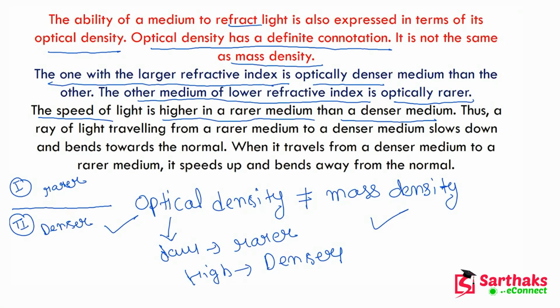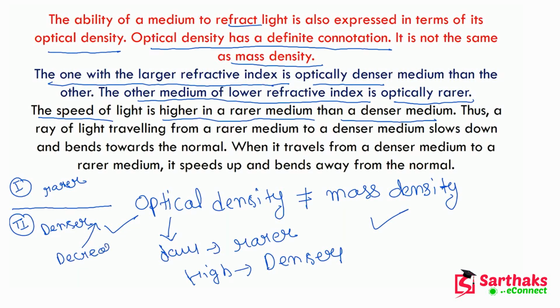Denser medium means it is optically denser and the particles are very close to each other. So now you tell me, for light, in which medium is the traveling difficult? I think in the denser medium. Why? Because here the particles are close. So the speed of the light will automatically decrease in the denser medium.